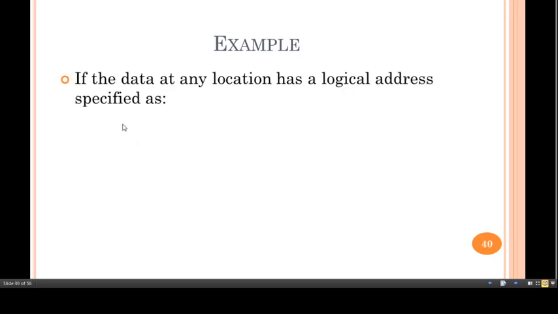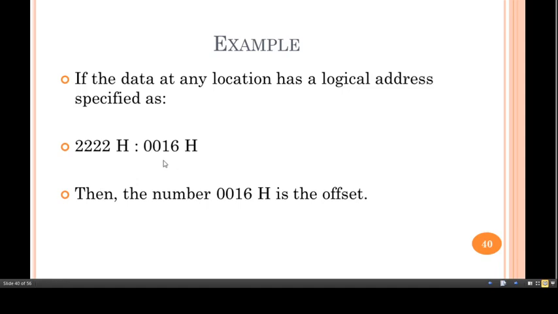Now, if the data at any location has a logical address specified as 2222H colon 0016H, what does this mean? This is the base address and this is the offset.